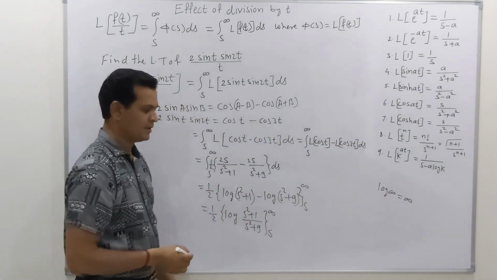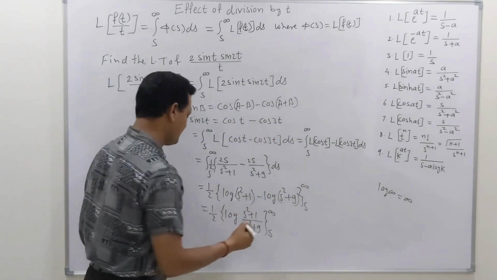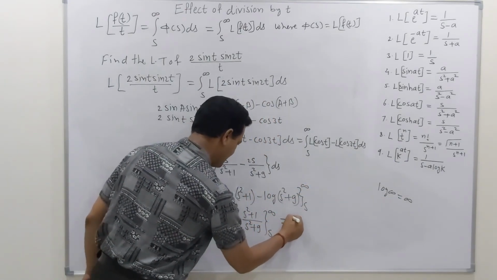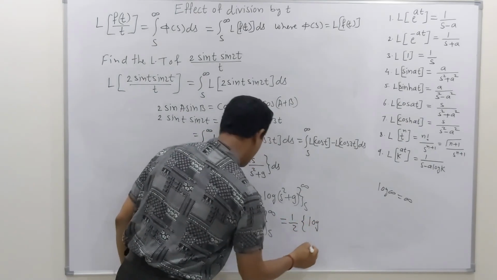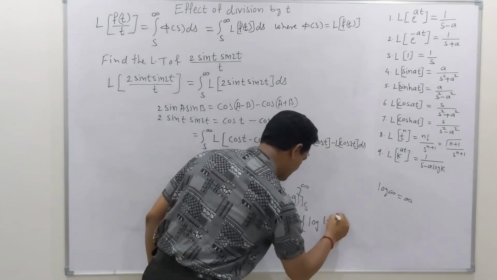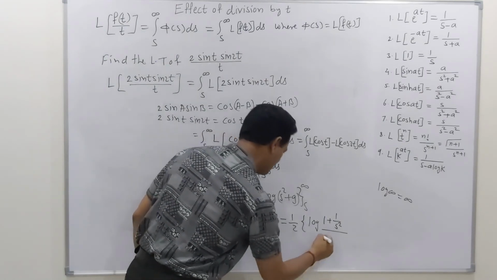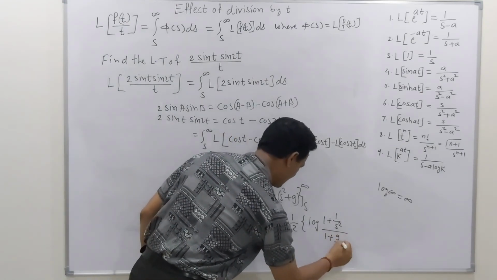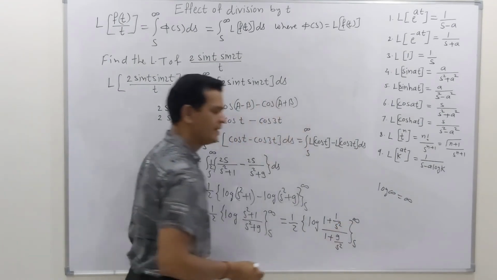So we get answer as infinity. So to avoid the infinity term, we can adjust this term as 1 upon 2, then log of 1 plus 1 upon s square divided by 1 plus 9 upon s square. So its limit is s to infinity.